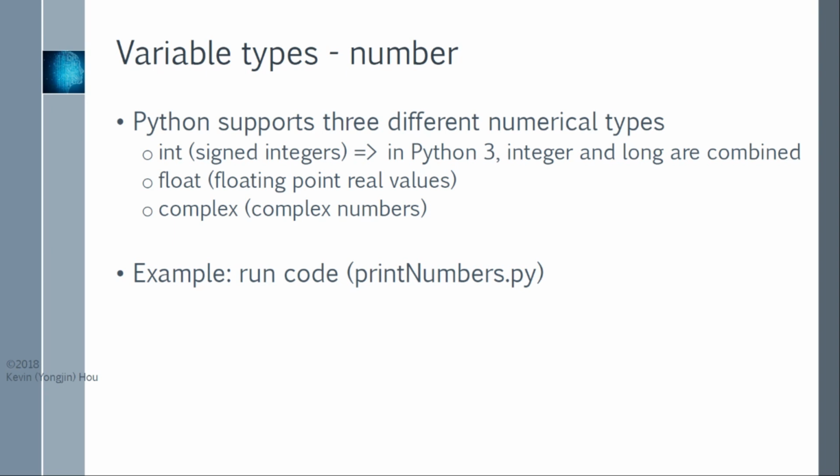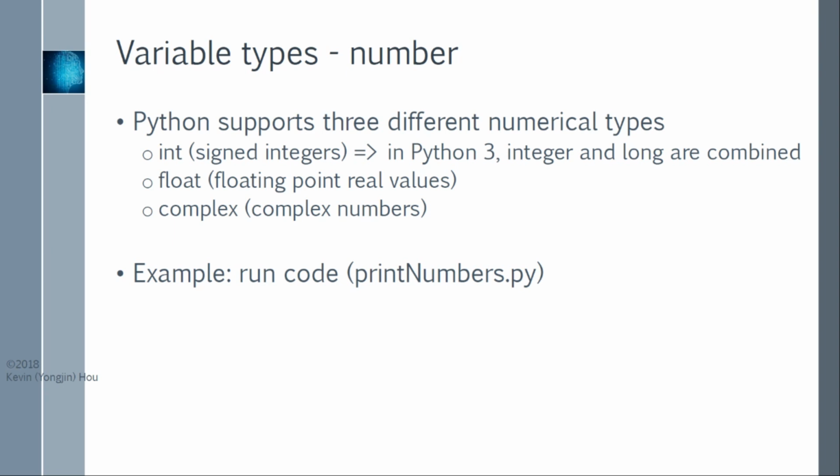So the first data type, let's take a look, is number. Number is very easy to understand. We all know that from math class. If it's a number, it could be an integer, either positive, negative, or 0. In Python 3, there's no differentiation between an integer and a long.